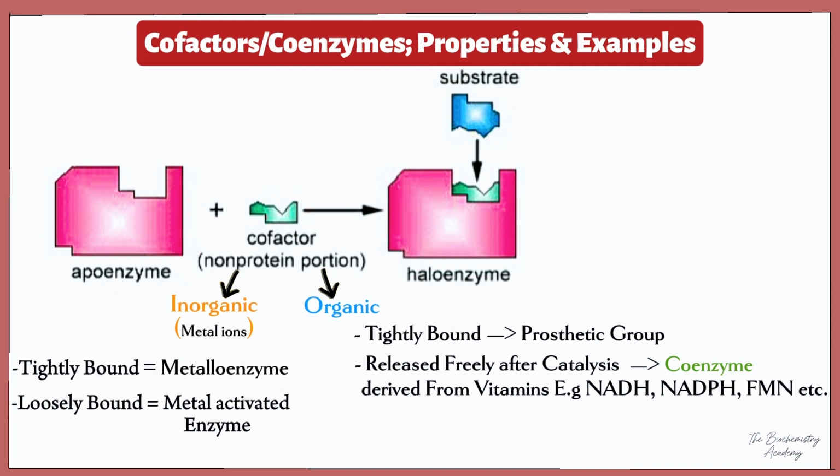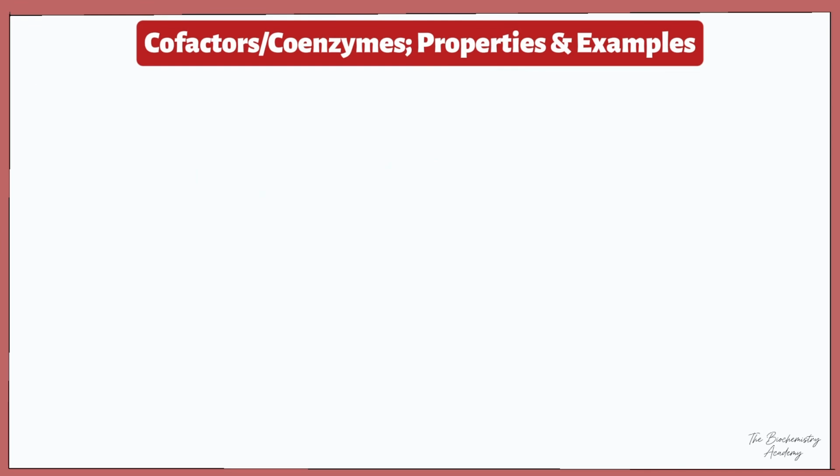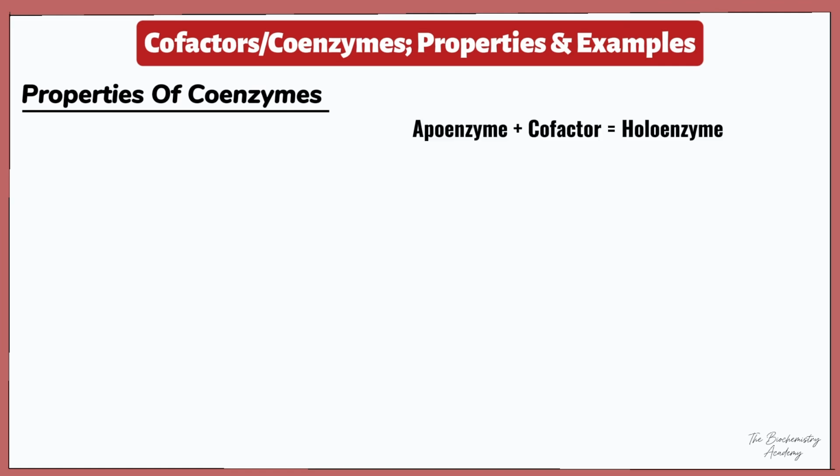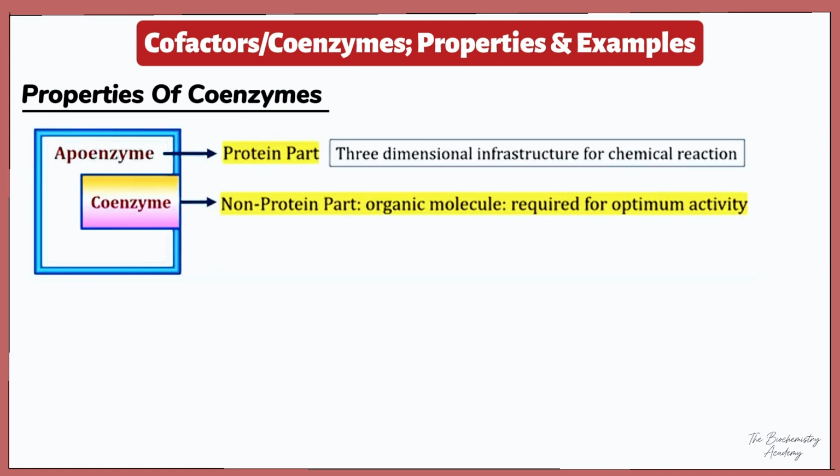Okay, let's continue. Now we are going to understand the properties of this coenzyme in detail. As we know, a holoenzyme is made up of apoenzyme and its cofactor. And this cofactor, if it is organic, is called a coenzyme. Now, from the diagram, we can see the apoenzyme.